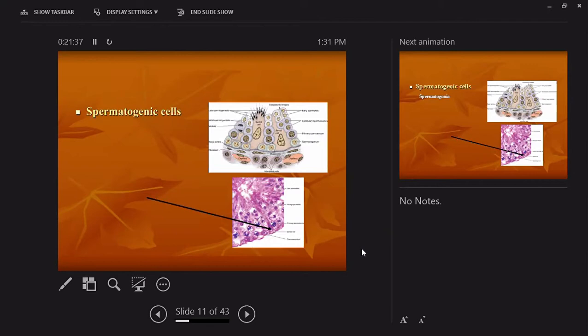Another is exocrine function, secrete fluid used for sperm transport, because the sperm cannot travel even if they have a tail, because if there is no fluid, that would be the means by which they can move. The endocrine secretion of your inhibin.